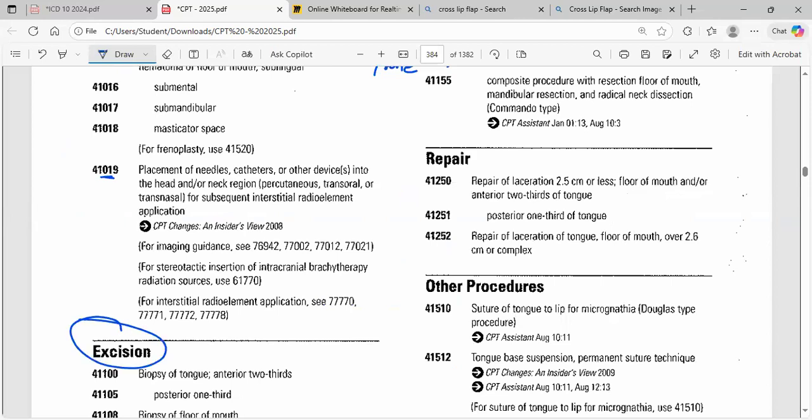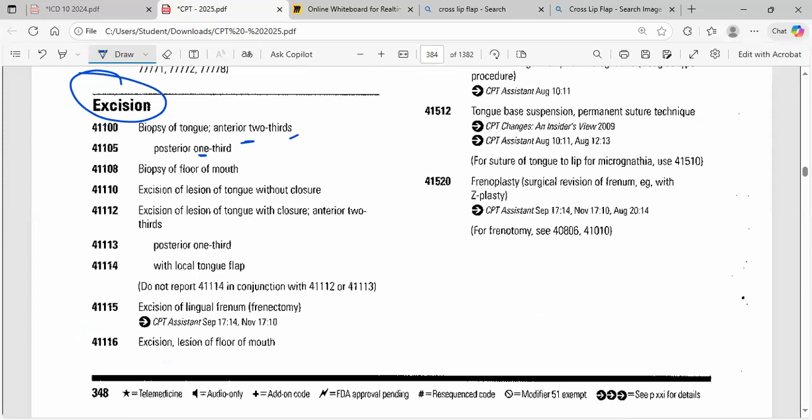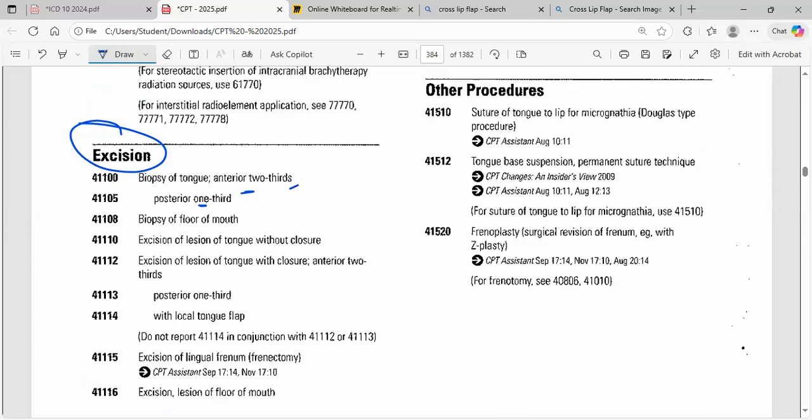Next we have excision. Excision means biopsy of tongue, anterior 2/3, posterior 1/3. This one is biopsy via open approach. This one is tongue, floor of mouth.